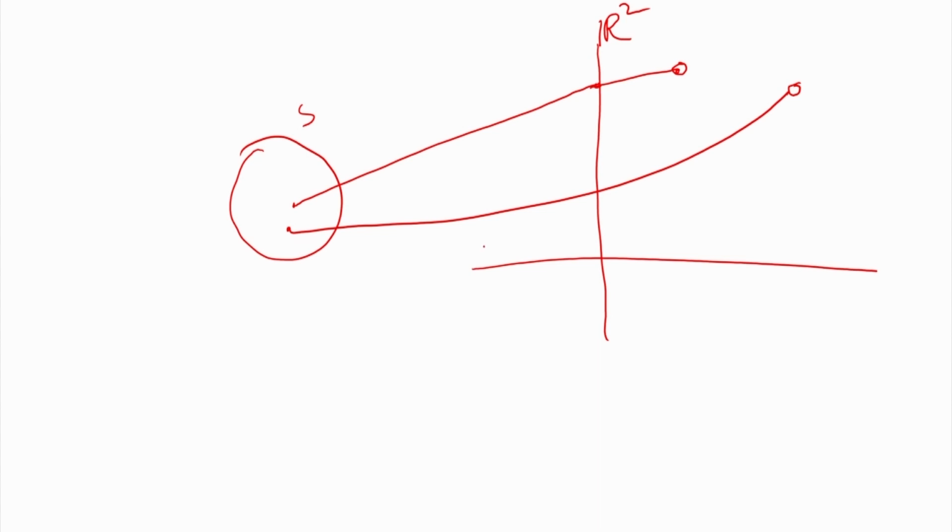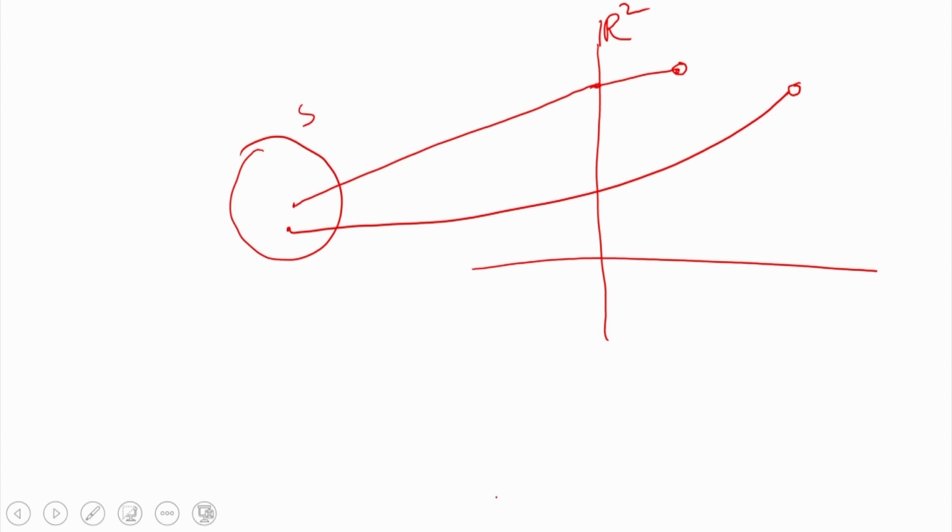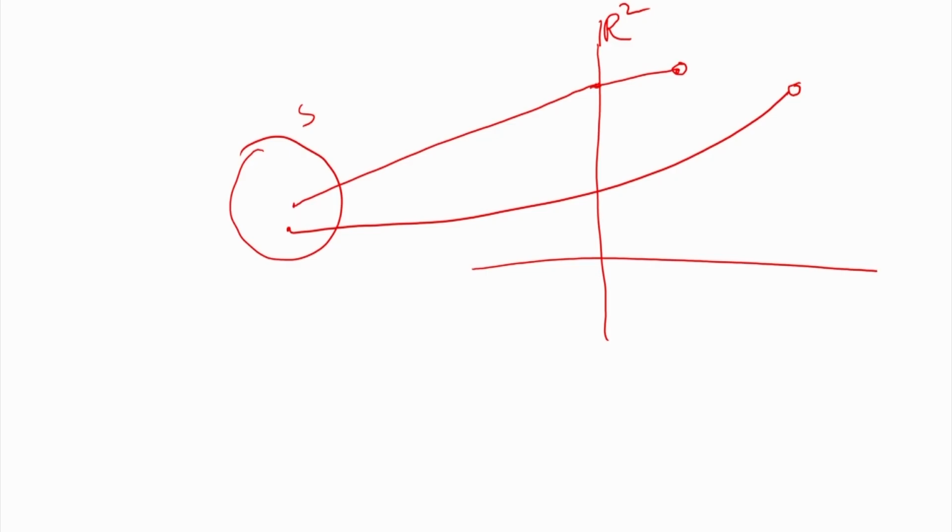Now, this concept can be easily extended. Suppose n random variables are there, and then we can consider it a mapping from the sample space S into the n dimensional space R n.